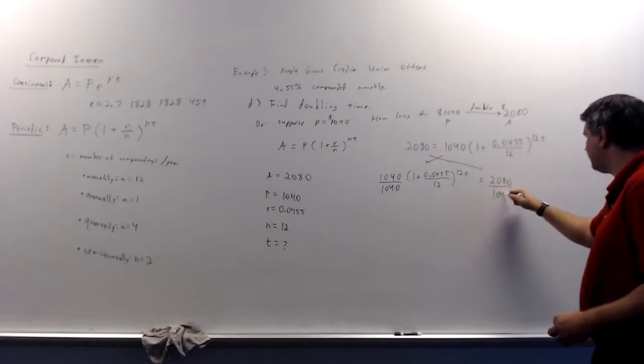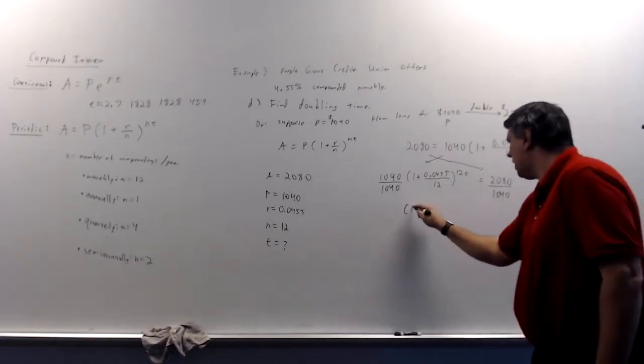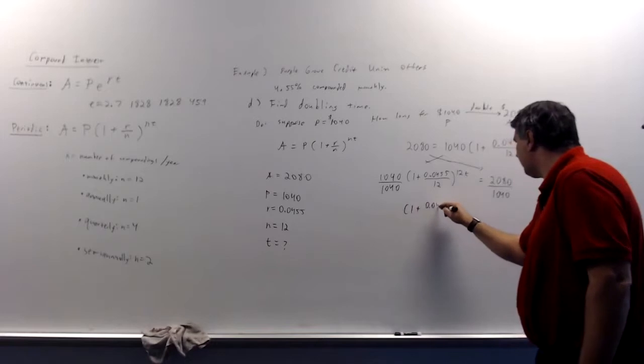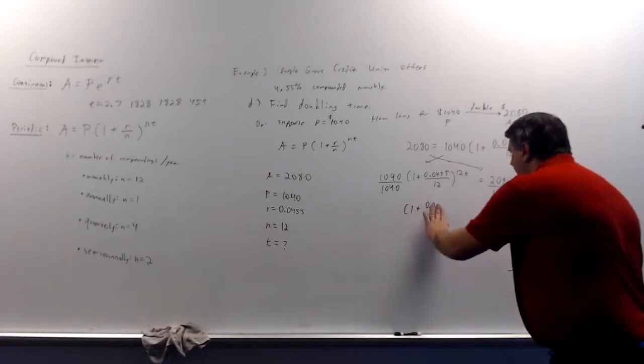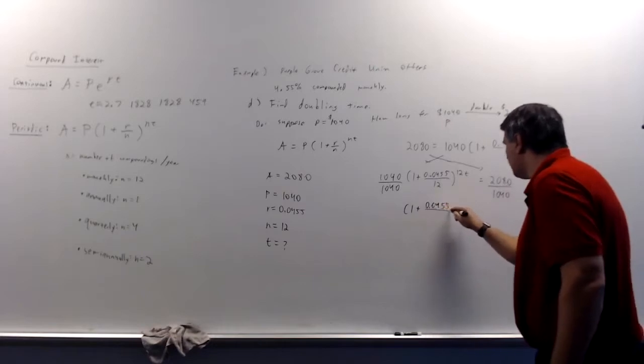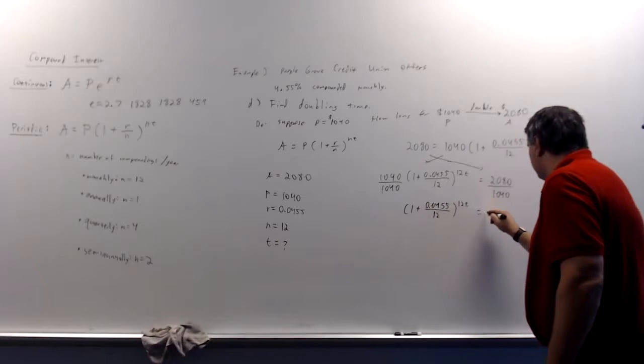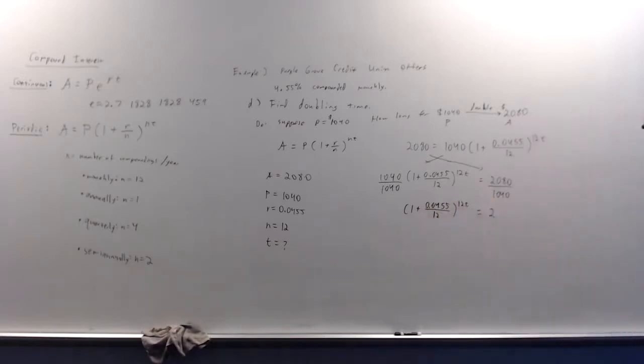And unsurprisingly, we end up with 2. So 1 plus 0.0455 over 12 to the 12t power equals 2.